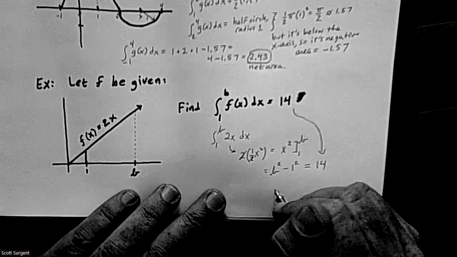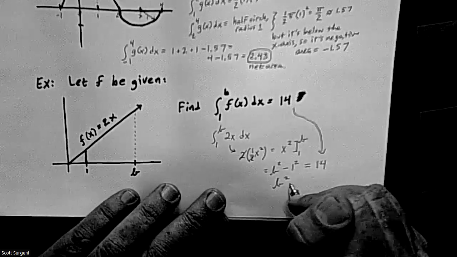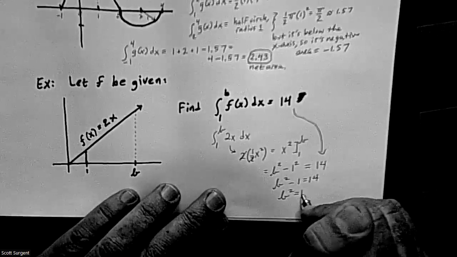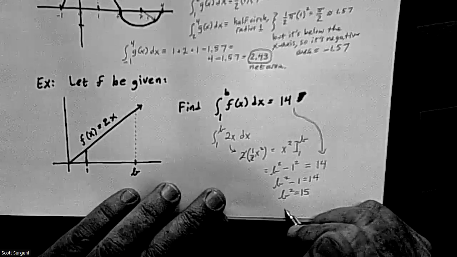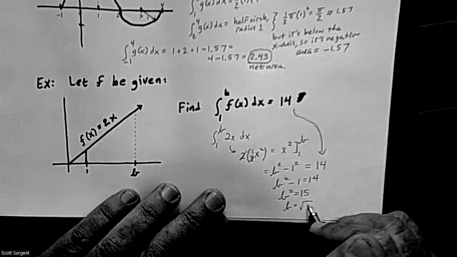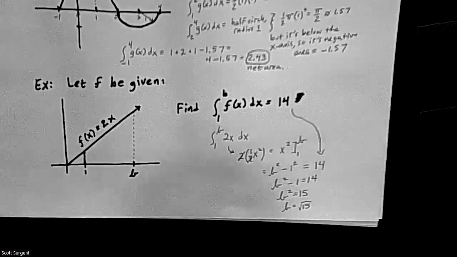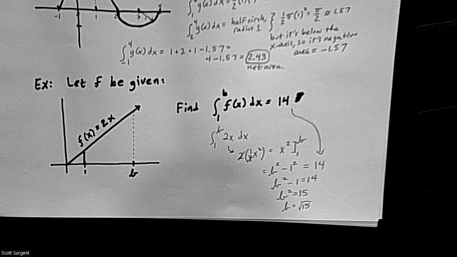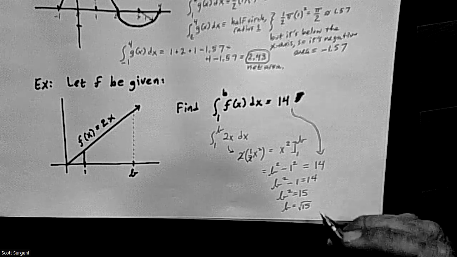If I just work out the math, it's b squared minus 1 is 14. That means b squared is 15. And that means b is going to be square root 15. Now, I don't take the negative square root because I want to be to the right of 1, and square root of 15 is approximately, doing on my calculator, it's about 3.873.